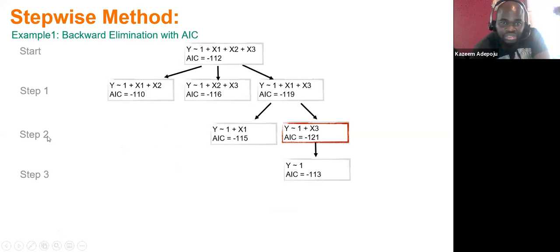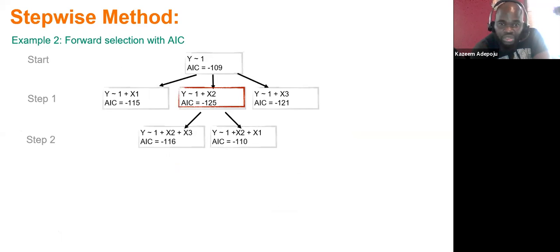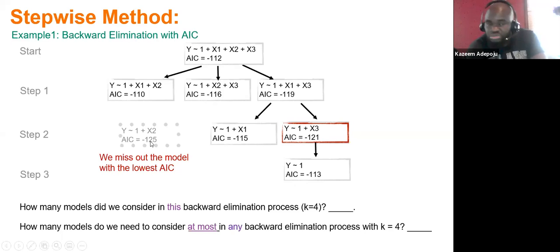Can you see that here on that forward? So when I do backward, I'm actually going to miss out on X2 as the model with the lowest AIC. So that is one of the disadvantages of that. We miss out the model with the lowest AIC.